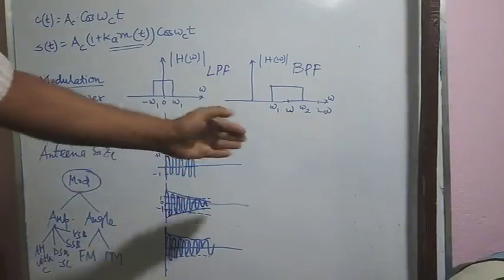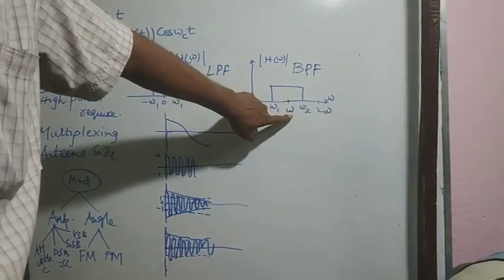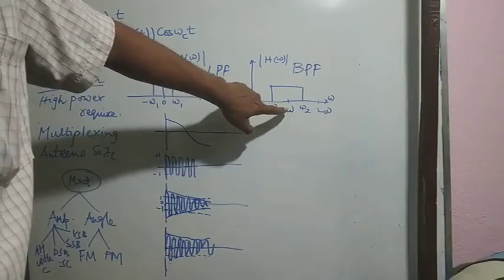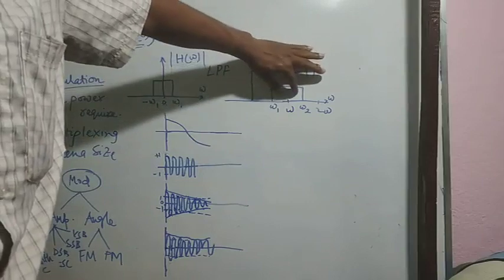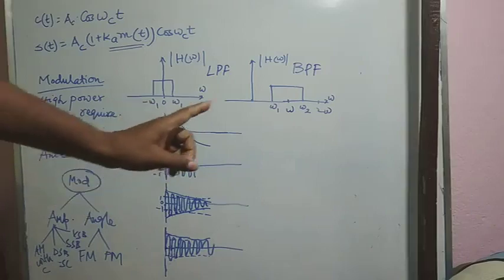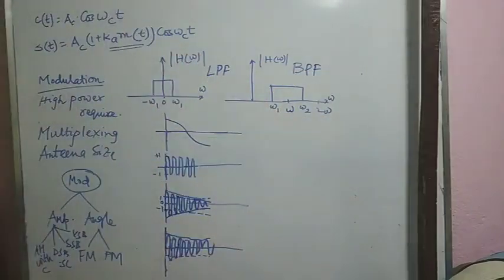Any signal with frequency 2 omega or 3 omega and so on will be automatically eliminated, as the filter is designed to pass signals within the bandwidth and centered at omega. We will get the desired part.